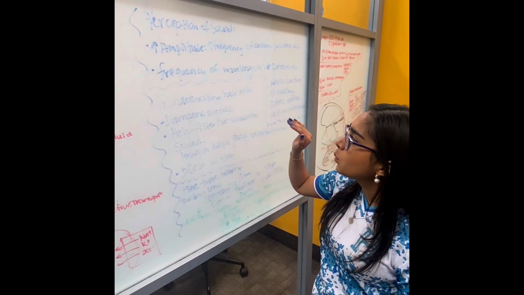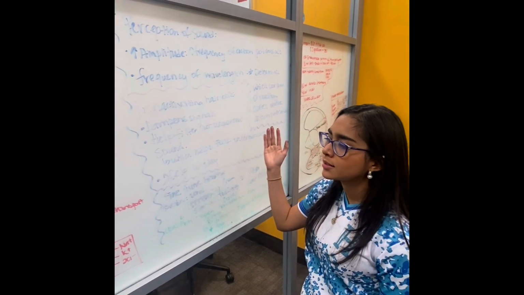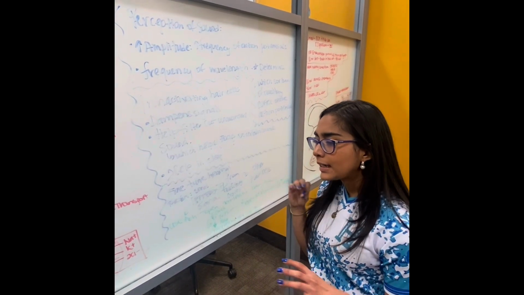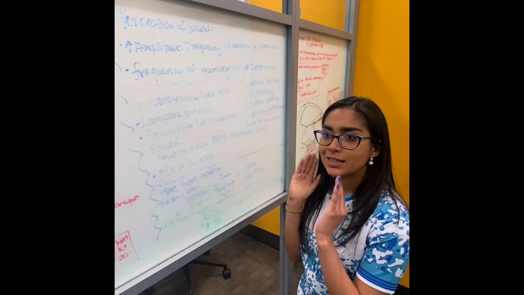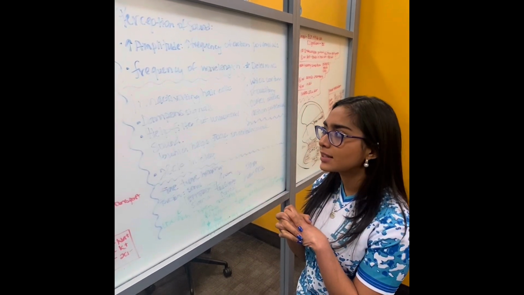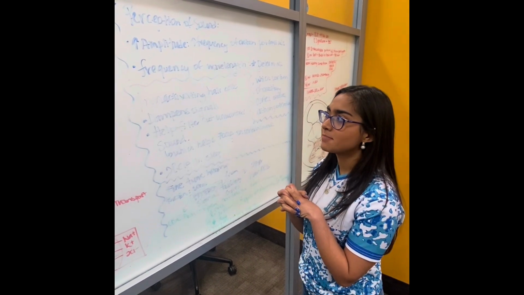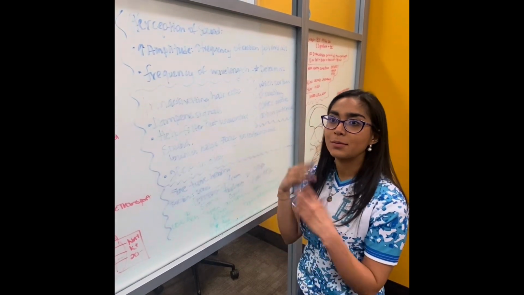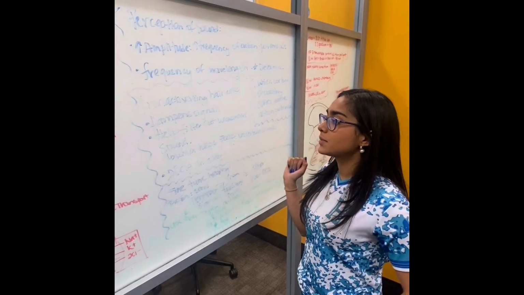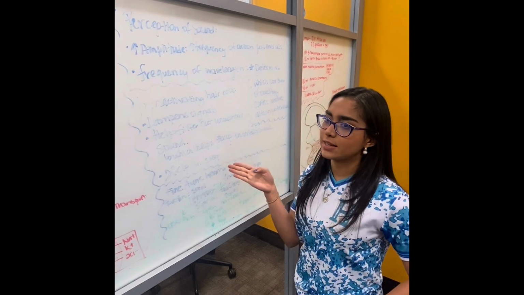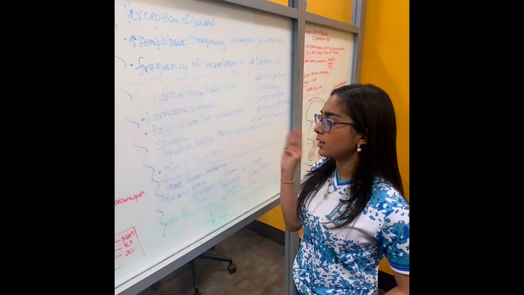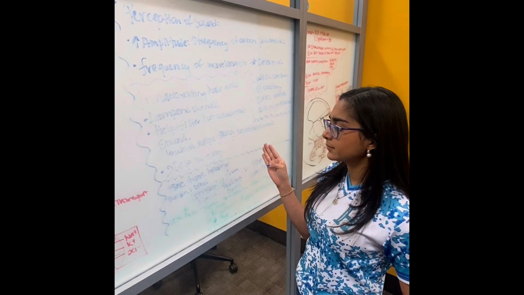Sometimes we will want to inactivate hair cells, and although we normally think of needing to hear different things, we sometimes need to focus on other things. For example, when you're sleeping, if we inactivate our hair cells, we will dampen the signals and we'll be able to have a better sleep. Or sometimes we will just want to focus on specific sounds. And so if we dampen other signals, we'll be able to focus on that one sound that we want to hear.